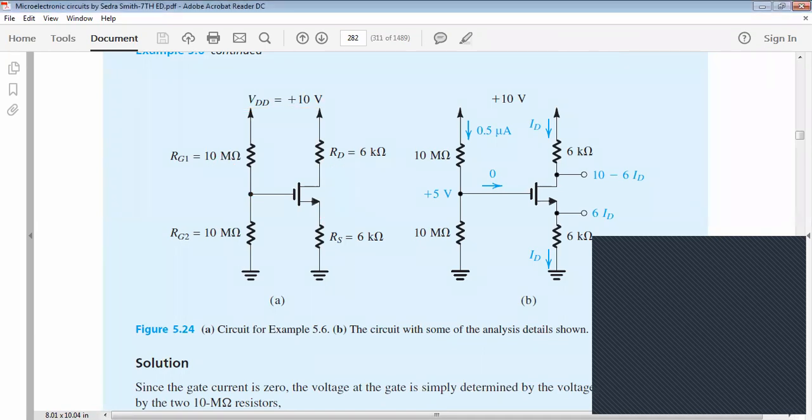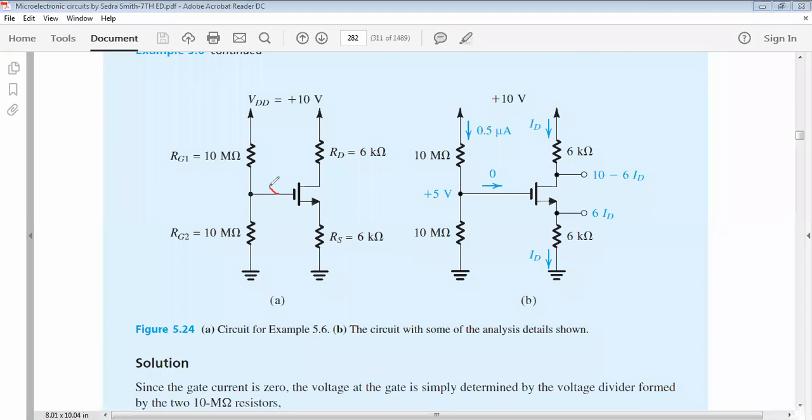And coming to the branches, we have to find the current flowing through the gate terminal, the current flowing through the drain terminal, and the current flowing through the source terminal. So we have to find the gate current IG, drain current ID, and also source current IS.